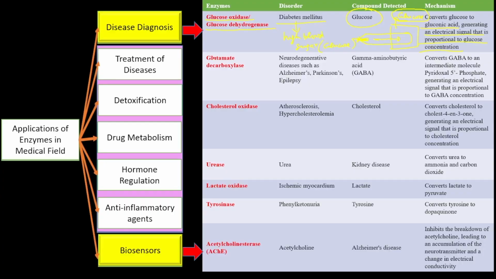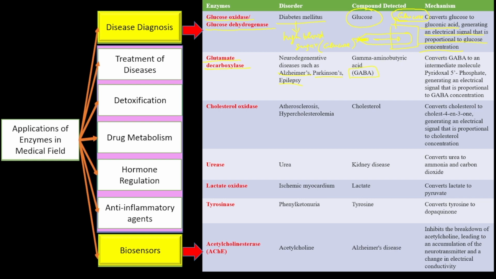Then the second example is glutamate decarboxylase. This is another enzyme which is used for detection of neurodegenerative diseases such as Alzheimer's disease, Parkinson's disease, or epilepsy. With the help of glutamate decarboxylase, you detect the level of gamma aminobutyric acid.